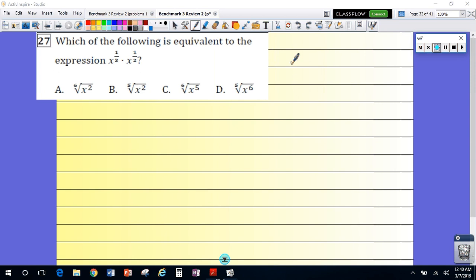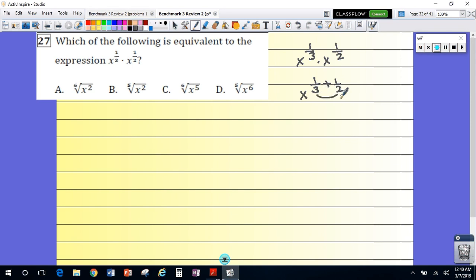Problem number 27. Which of the following is equivalent to the expression x to the exponent 1 over 3 times x to the exponent 1 half? So when the bases are same, we add the exponents. So that is 1 over 3 plus 1 over 2. Recall how we add when the denominators are different.